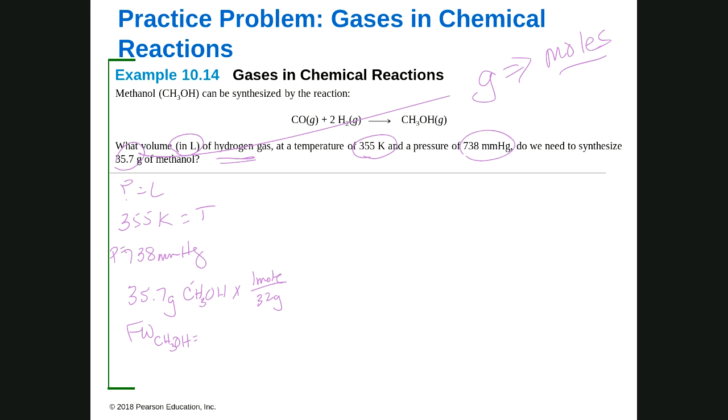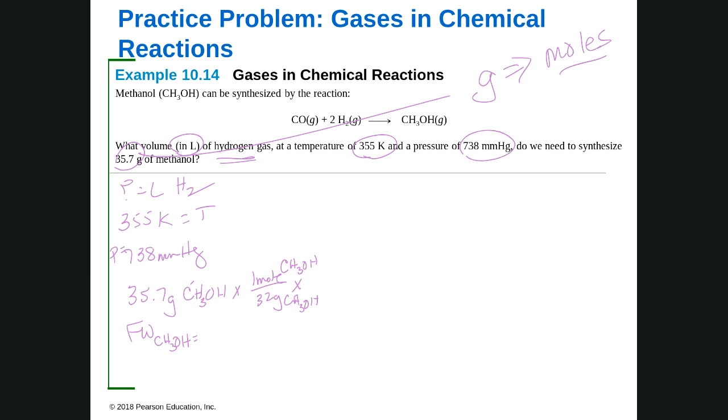All right. Now, if I was doing methanol, then that'd be fine. But what I'm doing is liters of hydrogen gas. So I have to figure out how many moles of hydrogen gas that is. That's why this is a stoichiometric problem, okay? Because this is grams of CH3OH and moles of CH3OH, but I want hydrogen.